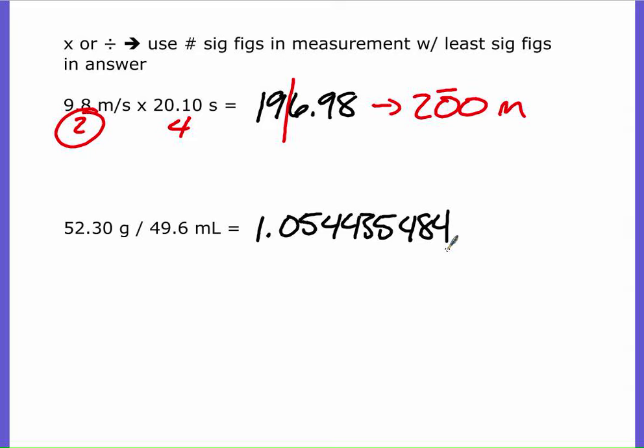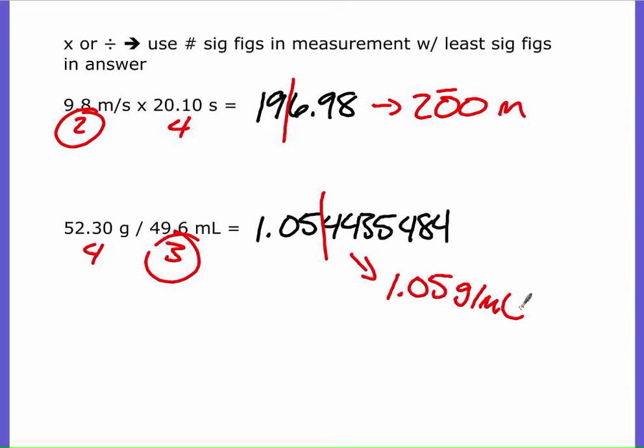I can't possibly have that much precision in my answer. So I'm going to look at my measurements again and recognize that 52.30 has 4 sig figs. 49.6 has 3 sig figs. I need to use the smaller of the two as far as significance is concerned. So I need to round this answer here to that hundredths place, and I end up with 1.05 grams per milliliter as an answer.